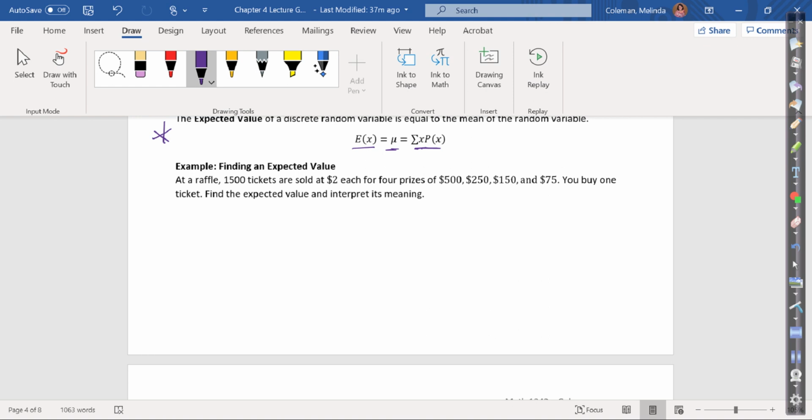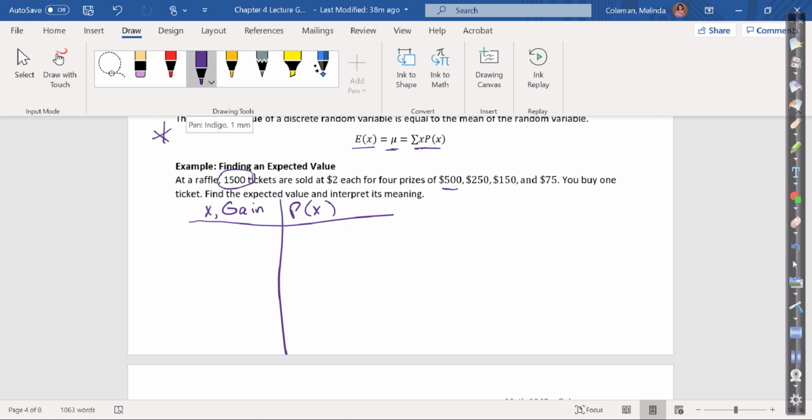So we're going to have to look at the x values. And the x in this case has a meaning, and the meaning is how much money you're going to win, how much money you have in your pocket at the end of the game. And p of x is going to be the probability. Well, we know that they sold 1,500 tickets. We know that there is 1 ticket that's worth $500.